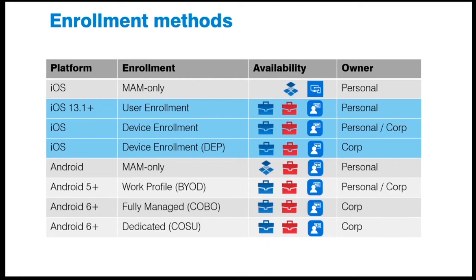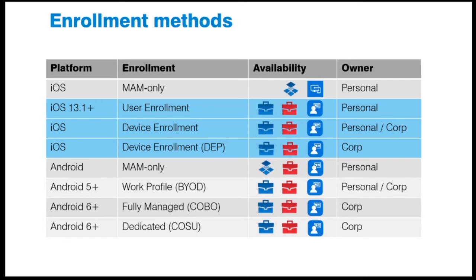And on the right side, we can see user enrollment is really aimed at personal devices. So it's really aimed at the people that buy a phone, join a company, and basically ask the administrator, can you please install my mail and my apps from work on here?